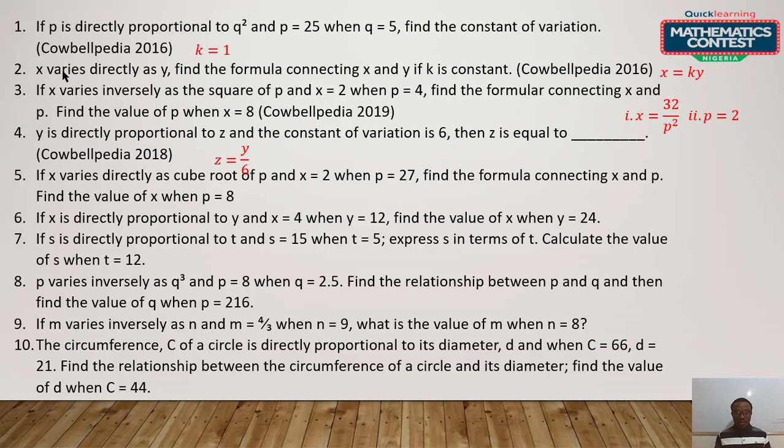Okay, I'll add 15 more seconds to your work. If x varies directly as the cube root of p, take note, and x is 2 when p is 27, find the formula connecting x and p. You have 10 seconds more.